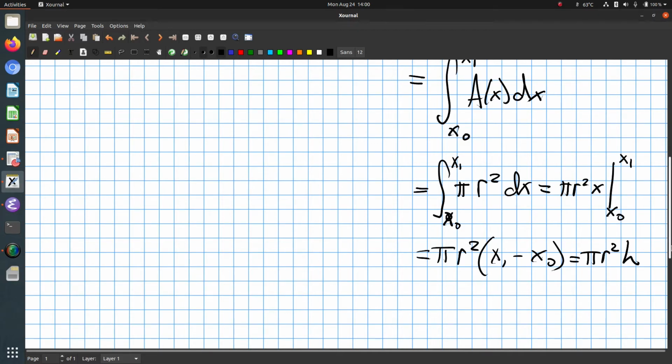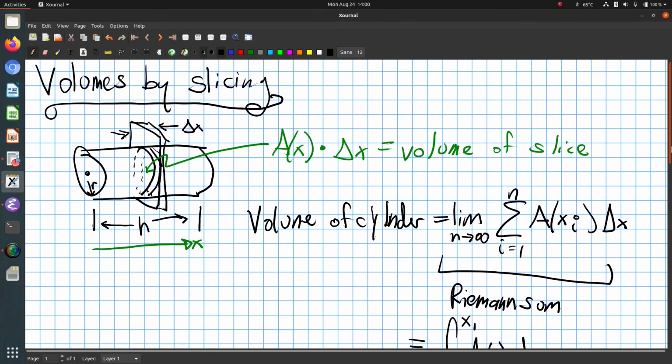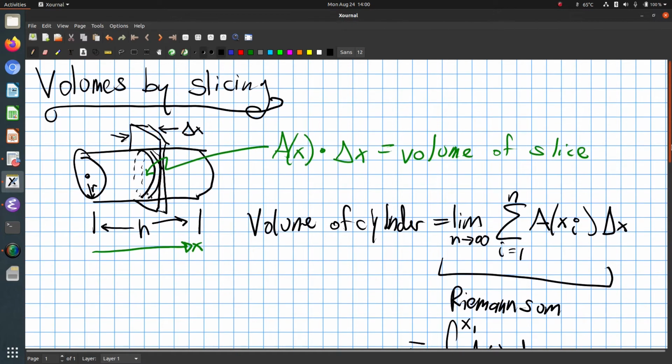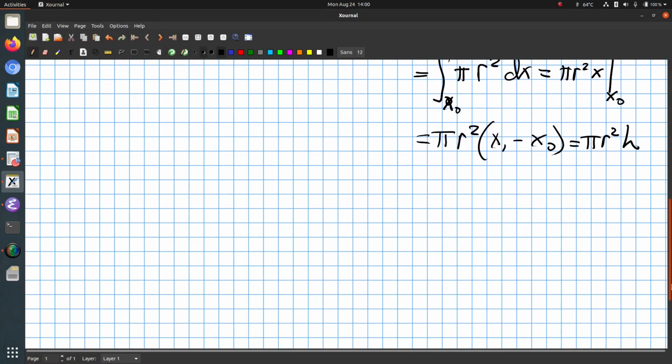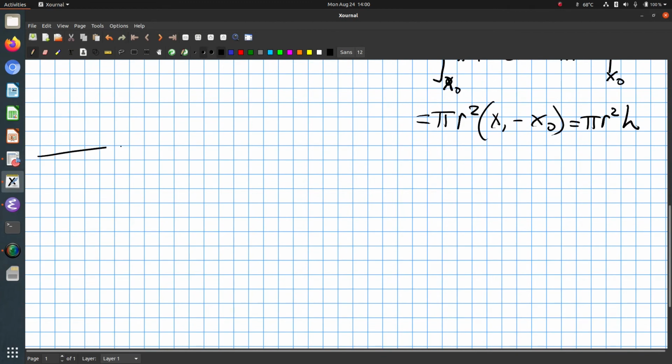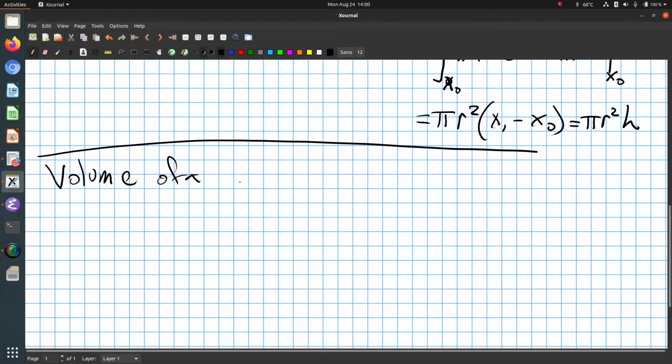Okay, but volumes by slicing work for other shapes, not just cylinders. You just take this picture and slice some other way. So for instance, let's find the volume of a pyramid with a square base.